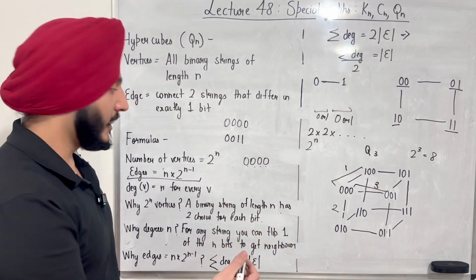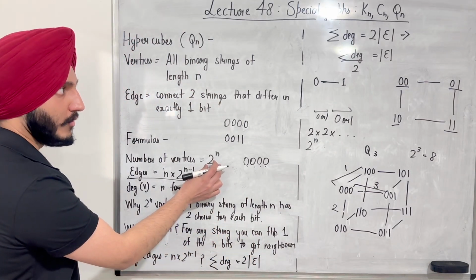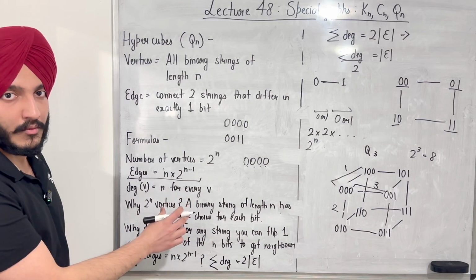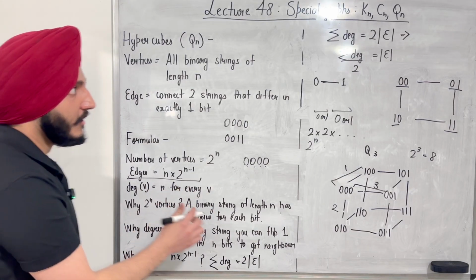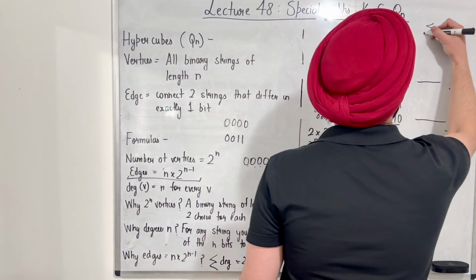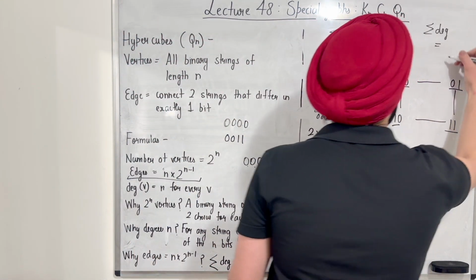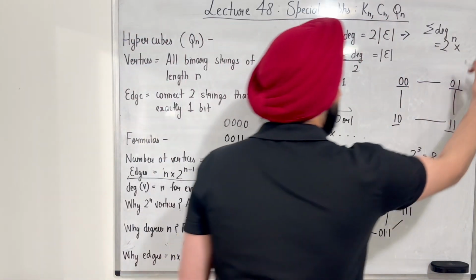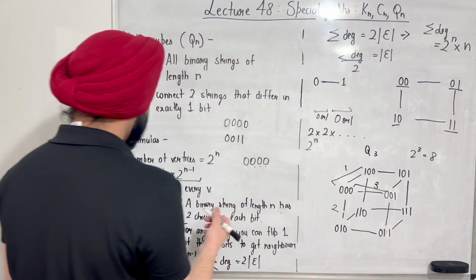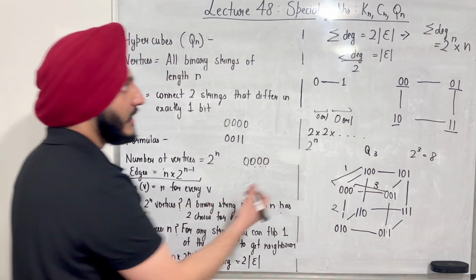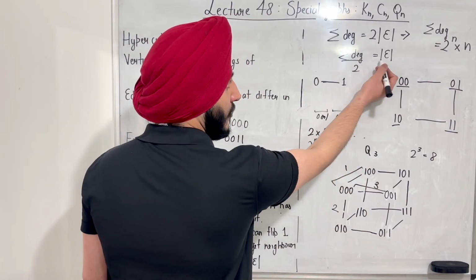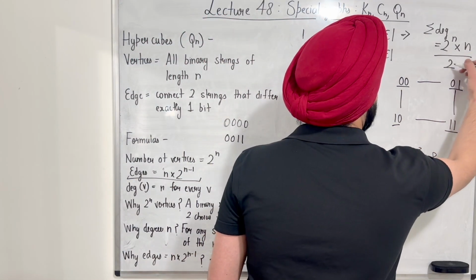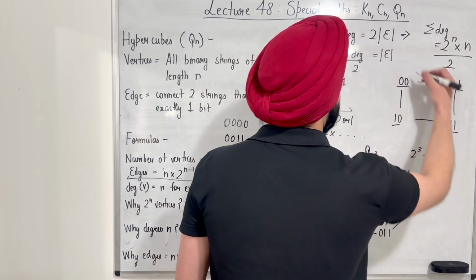Okay, let's find the degree, right? We have been given the number of vertices is 2 to the power of n, and the degree of every single node, or I should say vertex, is basically n. So that means the sum of the degrees would be 2 to the power of n multiplied by n, right? That's the exact thing. And since the number of edges is equal to the sum of degrees divided by 2, I can divide it by 2 and I get, okay.